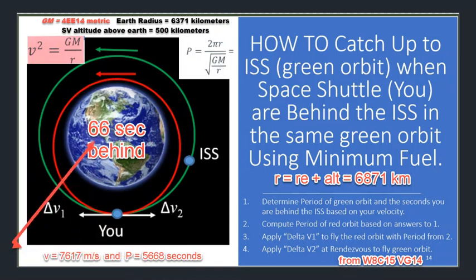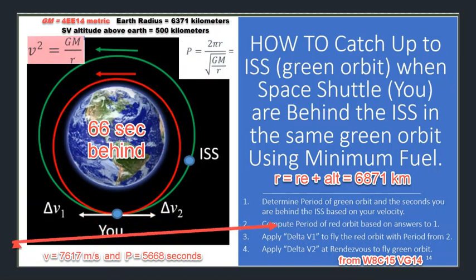If I subtract 66 seconds from that and fly the red orbit in 5,602 seconds, I will exactly line up with the ISS after one revolution of the red. So that's my goal. Now that I know my period of the red orbit, I need to find its apogee and perigee and velocities to complete this problem.